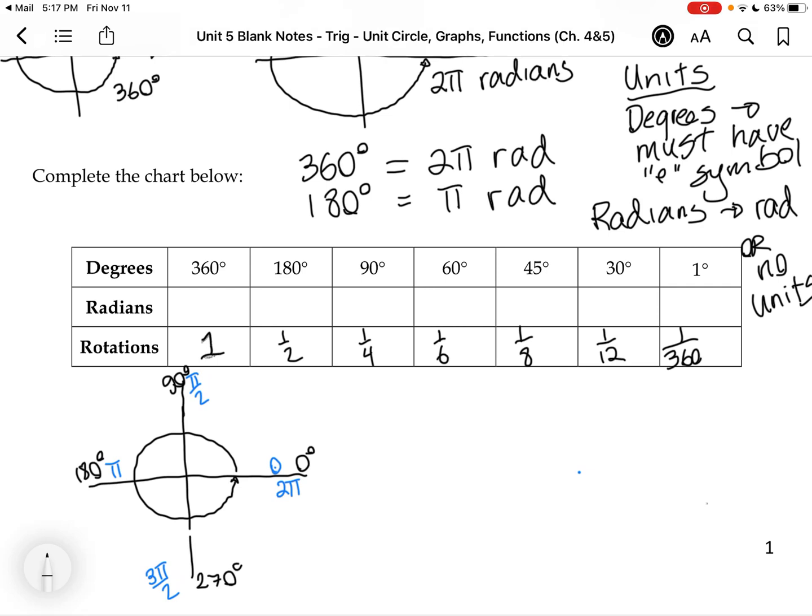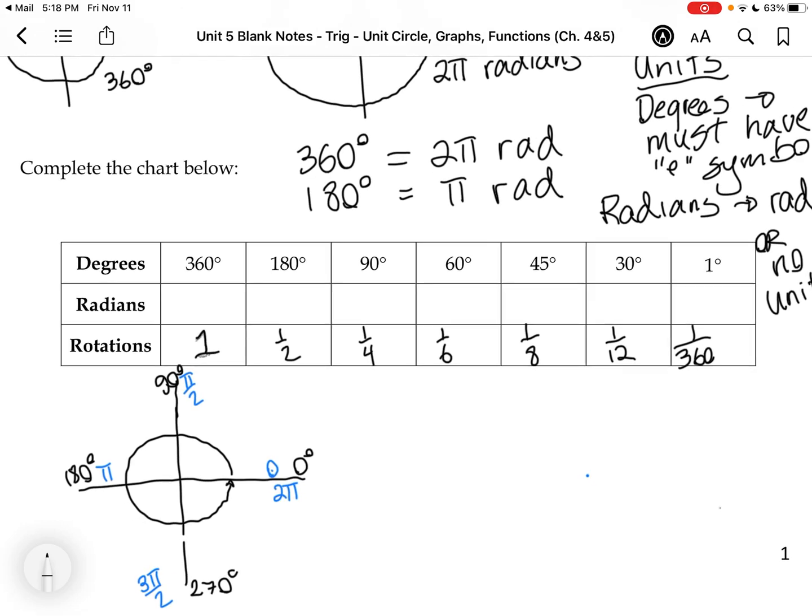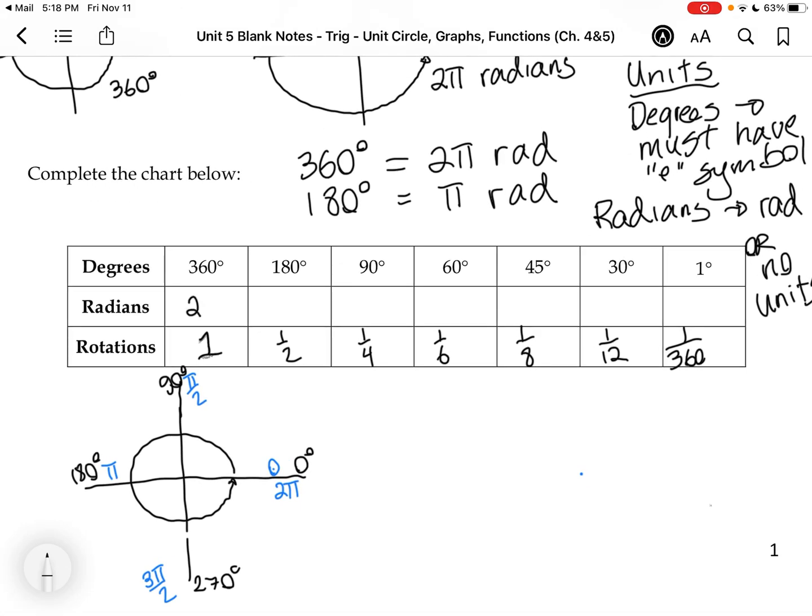Okay, so in terms of the radians, remember every quarter is half a pi. So 360, that's 4 quarters, that's 4 halves, is 2 pi. 180 is 2 quarters, so 2 halves is 1 pi. 90 is half a pi.